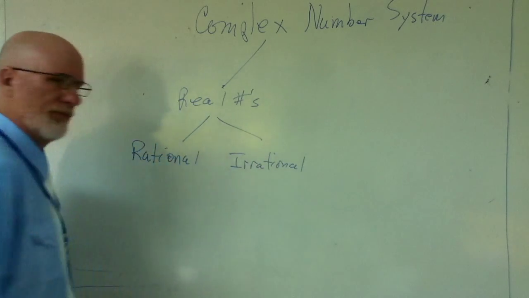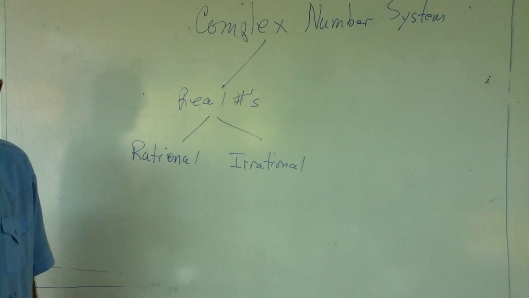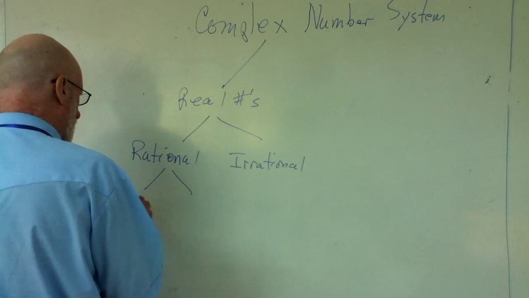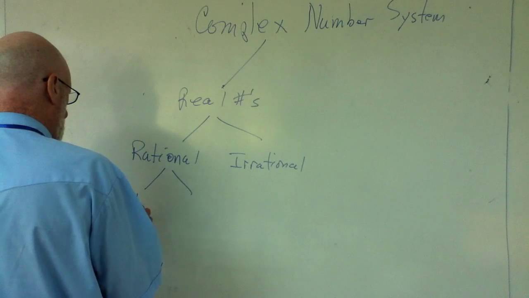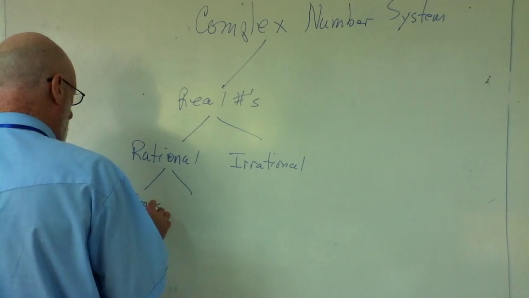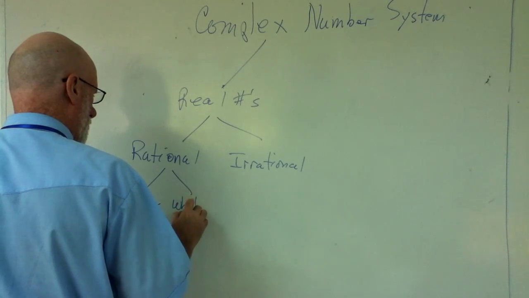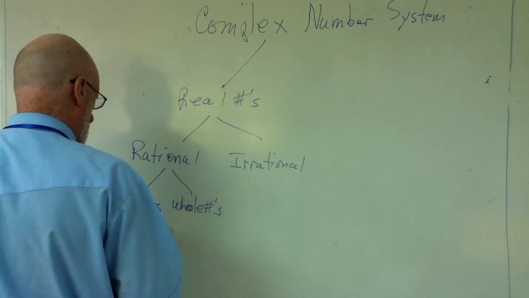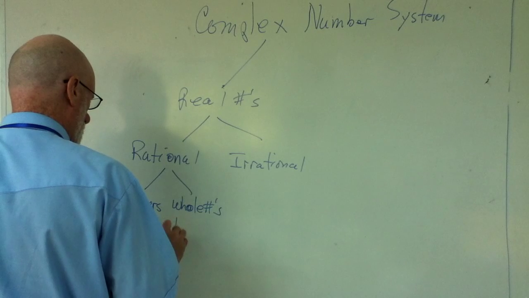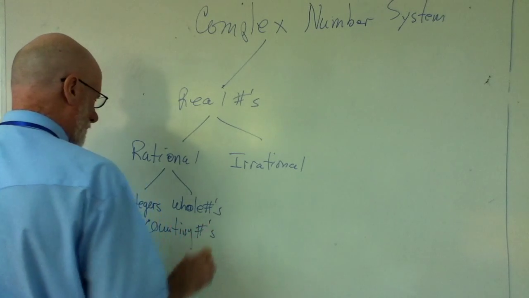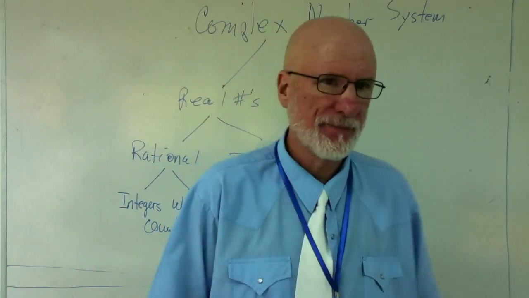Under rational, we have things like integers, whole numbers, counting numbers, etc. Do you understand that?